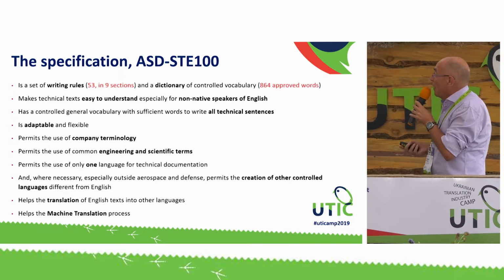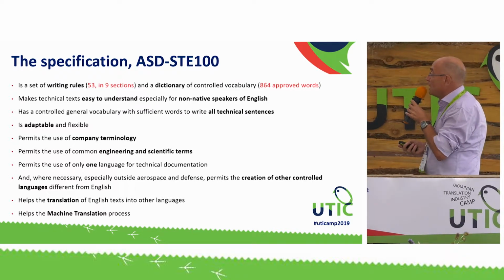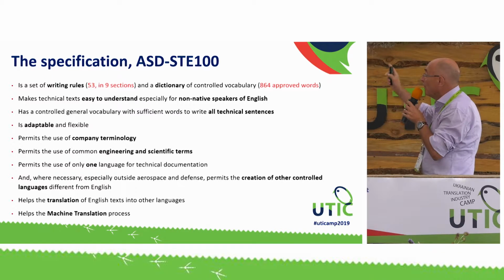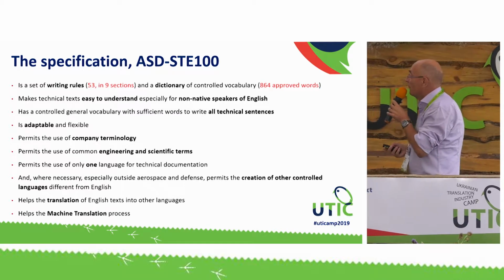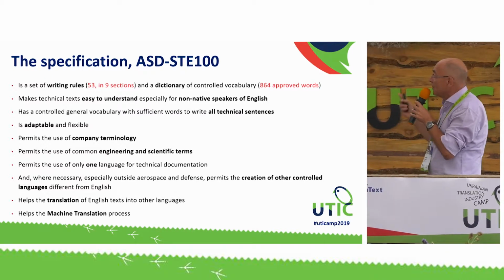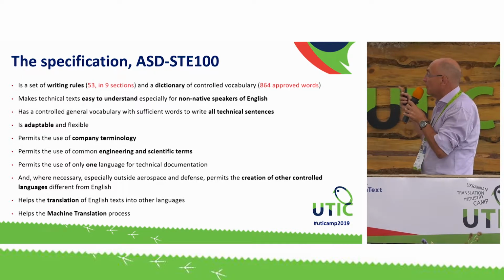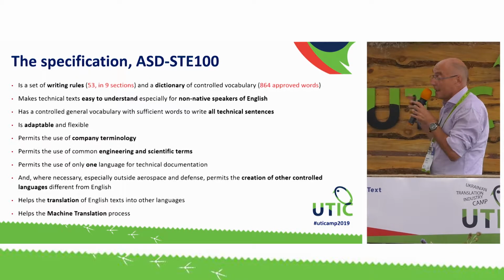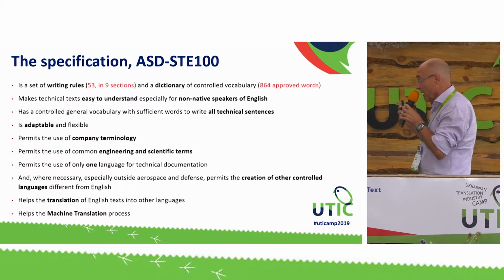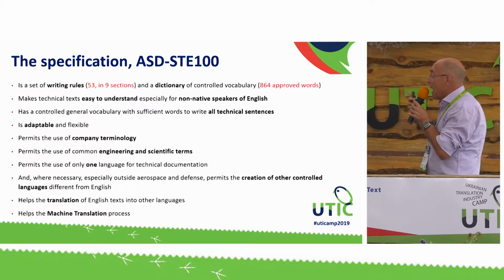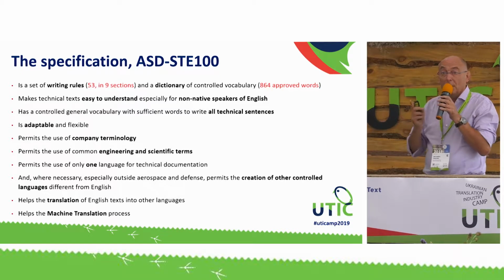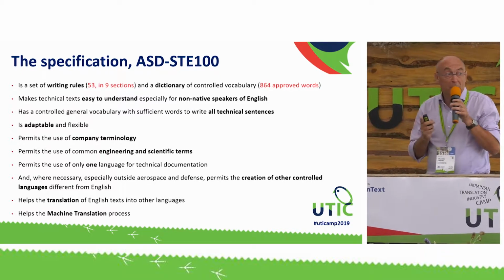It makes technical text easy to understand, especially for non-native speakers of English. It has a controlled general vocabulary with sufficient words to write all technical sentences. It is adaptable and flexible, and permits the use of specific company terminology.